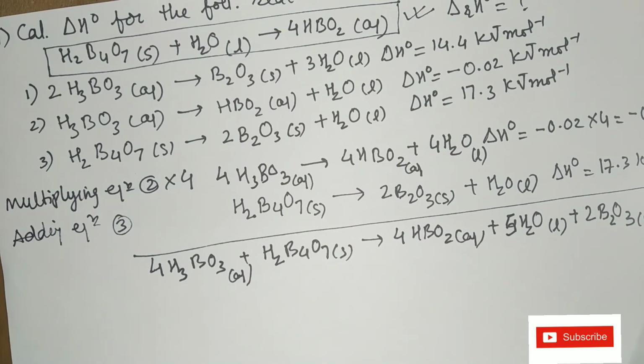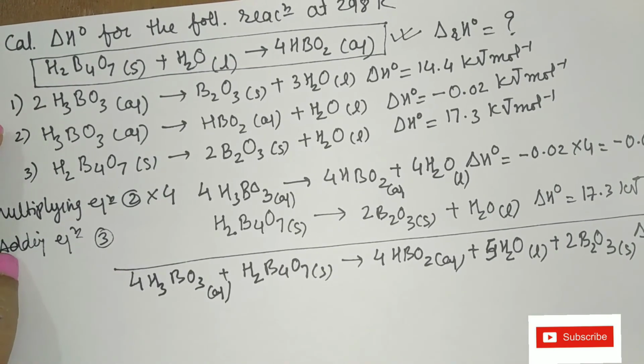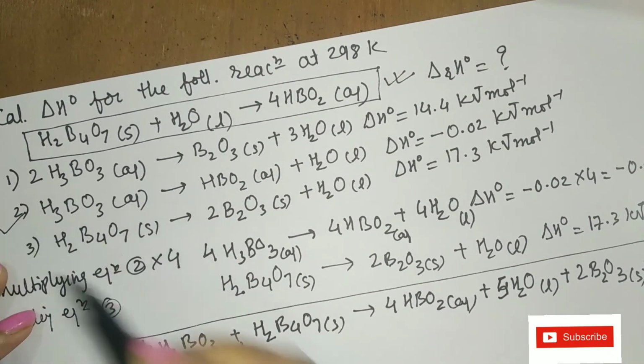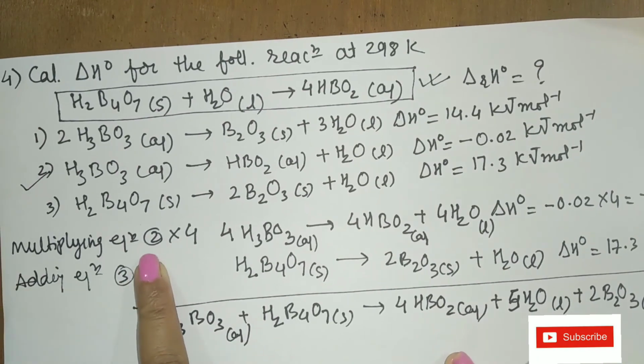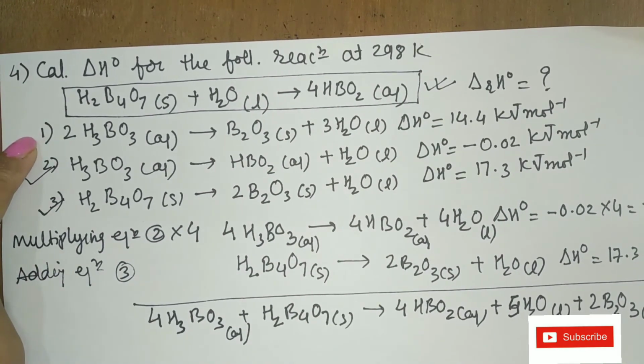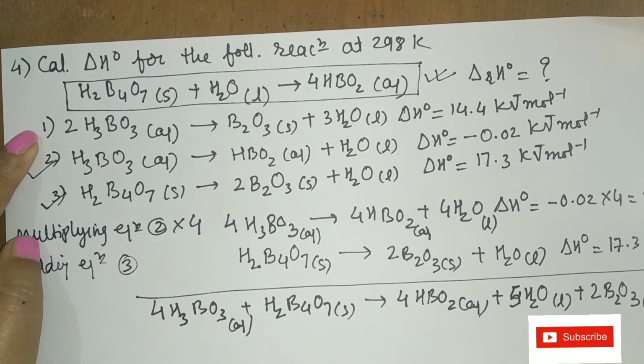What next is, I want this particular terms. Now I cannot skip any of the equations. I have used here equation 2. I have already used multiplying equation 2. I have added equation 3. Now what is left is equation 1. Now how it can be used here is for cancelling what you don't want. Now which terms I don't want?